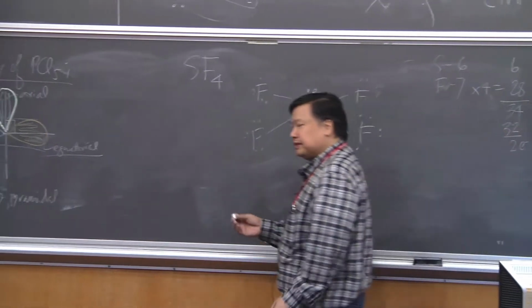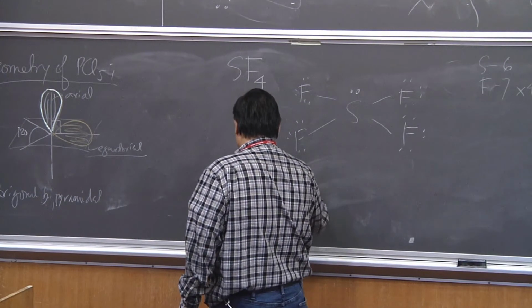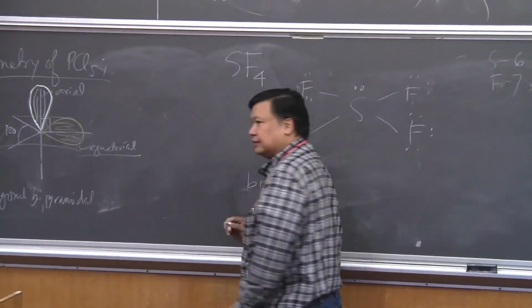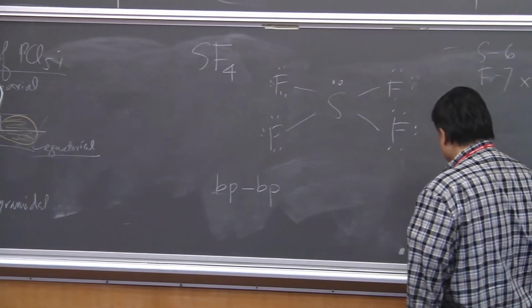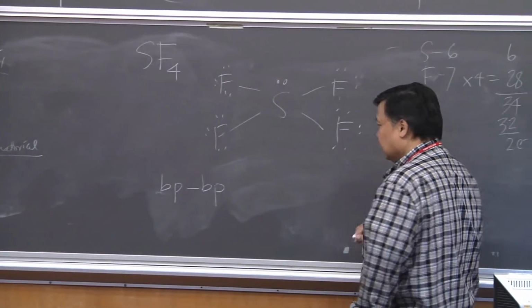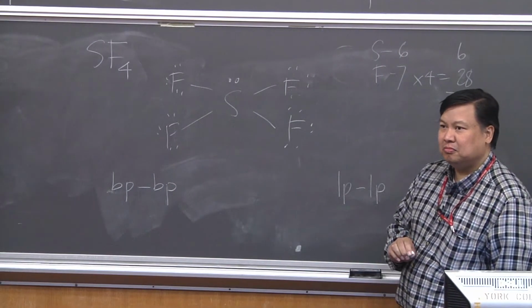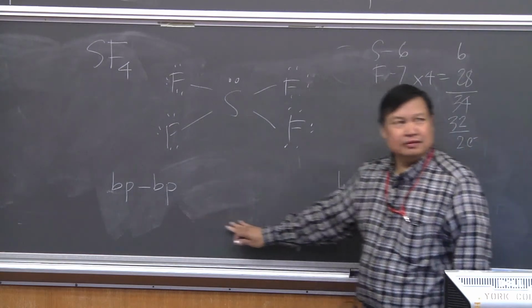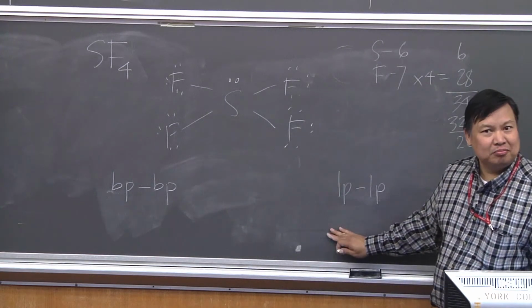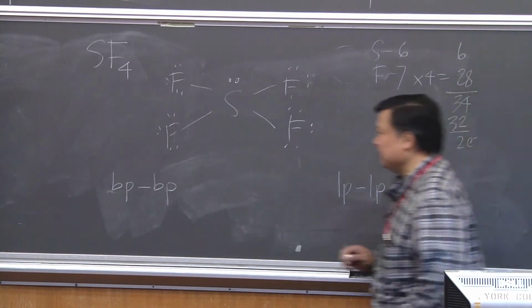One thing to remember is, is the repulsion between 2 bonding pairs weaker compared to the repulsion between 2 lone pairs? Which one is much more unstable? All right, I'm going to draw it so that you can clearly see.